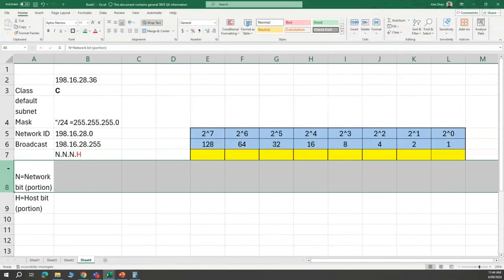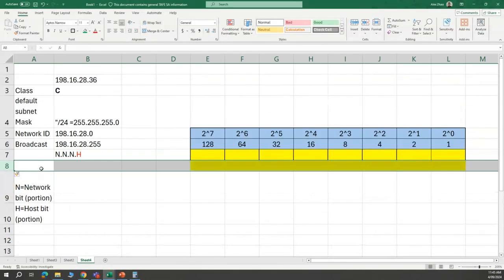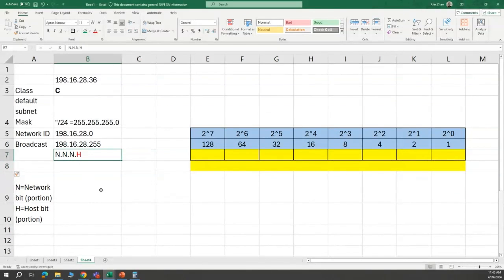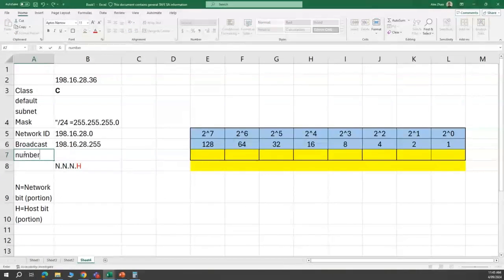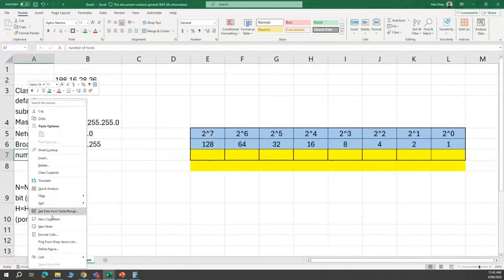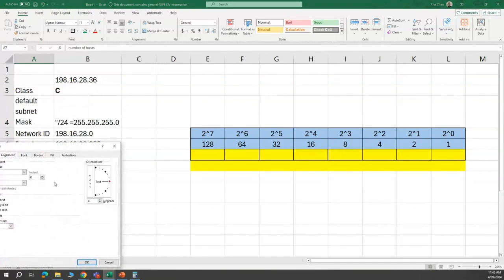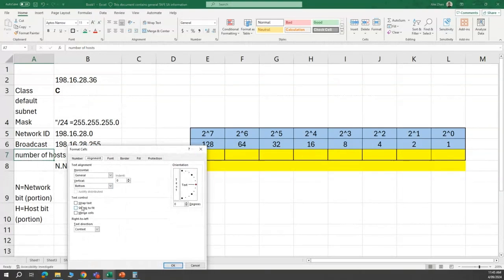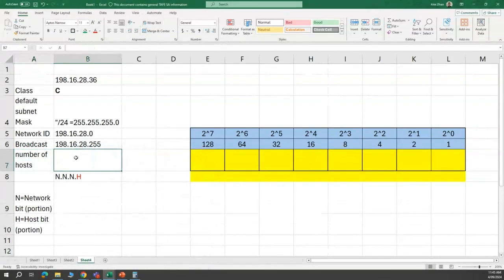So number of hosts, and we'll just put this down here again. We'll format that better. Probably should just make it wider, to be honest. And that's going to be 254 hosts. Okay.